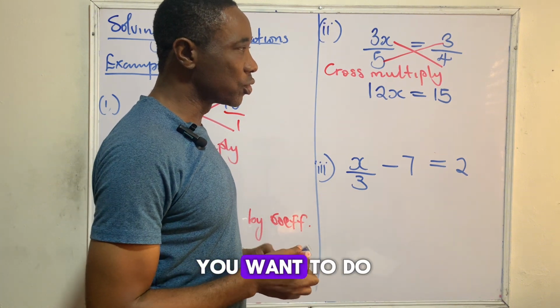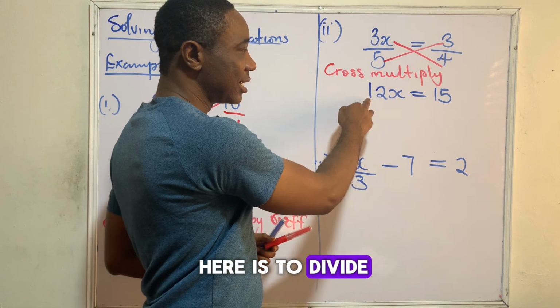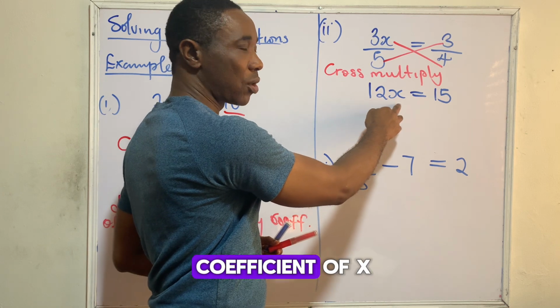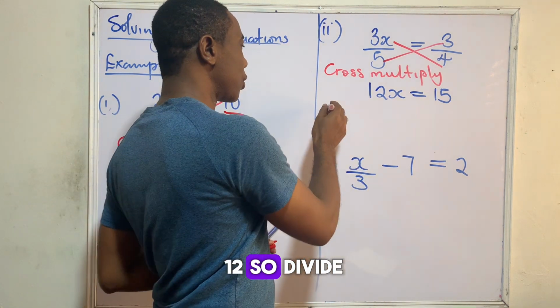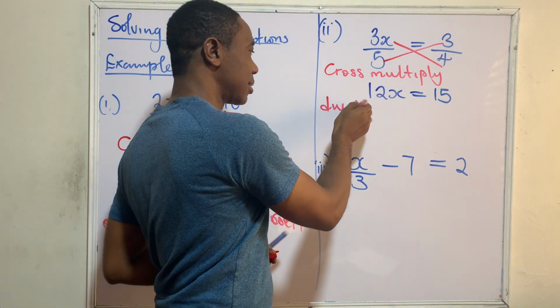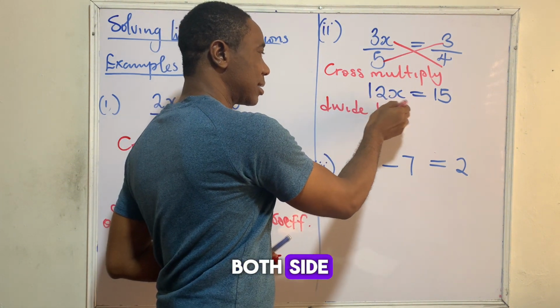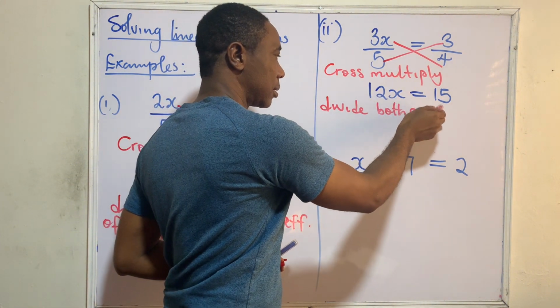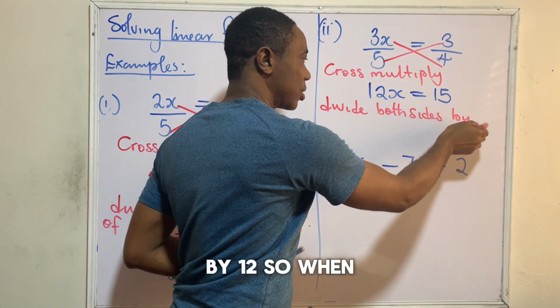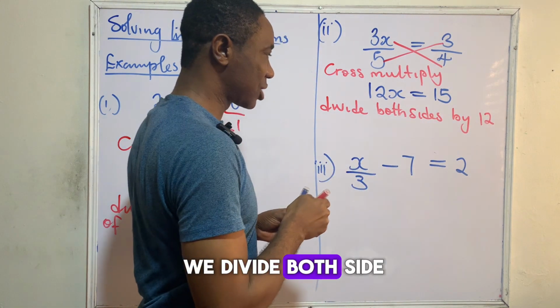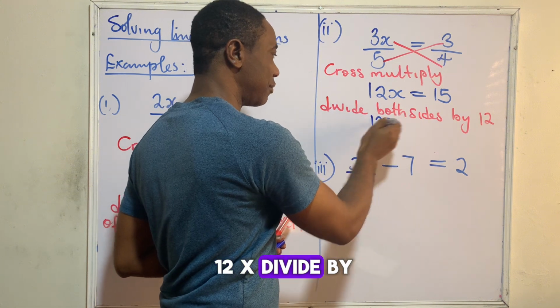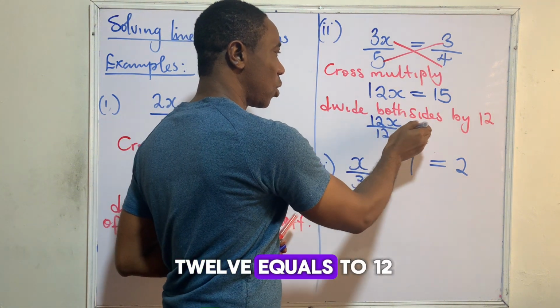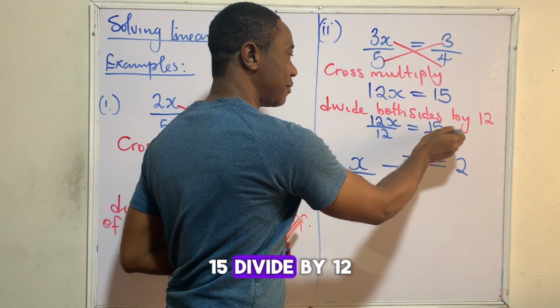So the next thing you want to do here is to divide both sides by the coefficient of x. In this case, the coefficient of x is 12. So divide both sides by 12. When we divide both sides by 12, we're going to have 12x divided by 12 equals 15 divided by 12.